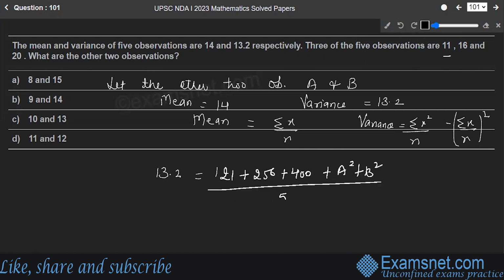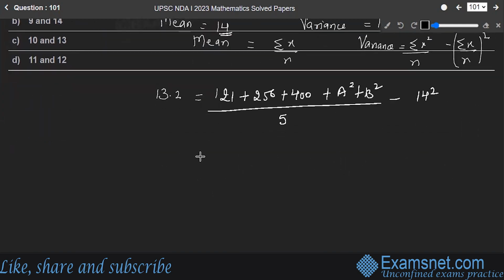That means we have to find out 14 square, which is 196. So 121 plus 256 plus 400 is 777, plus a square plus b square, minus 14 square, which is 196. So 196 into 5 gives you 980. 13.2 into 5 is 66.